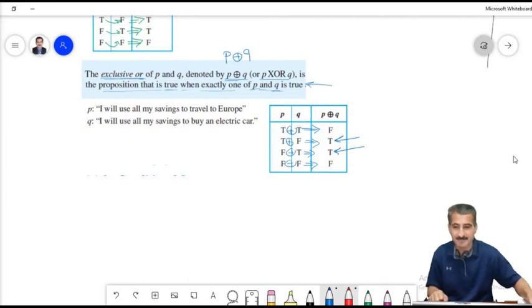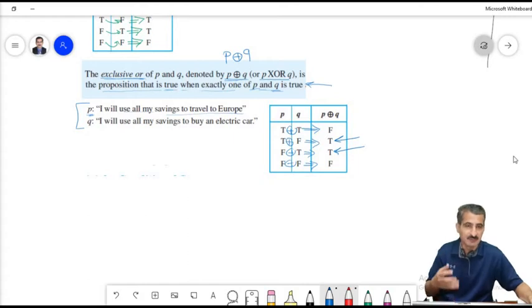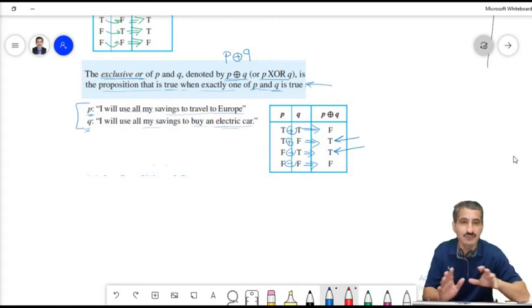Why is that? This example will illustrate why this is true. Now, the statement P says, I will use all my savings to travel to Europe. Okay, so you have some savings, then you will use it to travel to Europe. While proposition Q says, I will use my savings to buy an electric car. Therefore, you have to do something. You decided to do something with your savings.